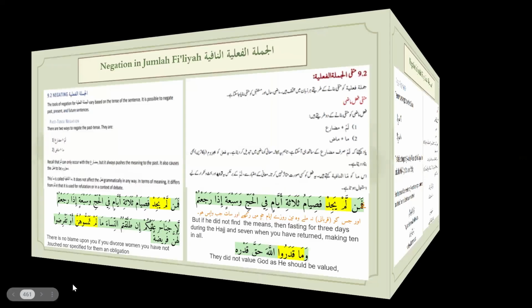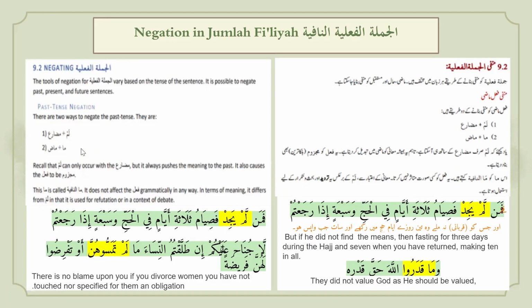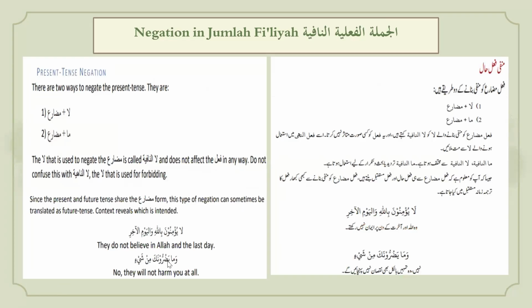Okay, so we were doing Jumla fi'liyya negation, and for Jumla fi'liyya negation, there are separate words for the action happening in past, separate words for the action happening in present, and separate tools for negation for action happening in future.